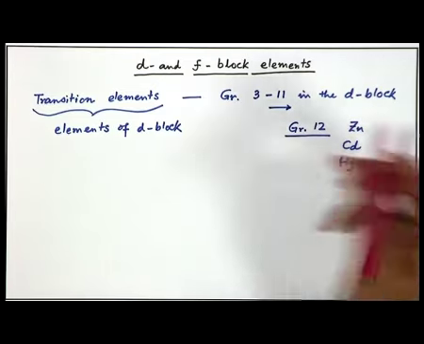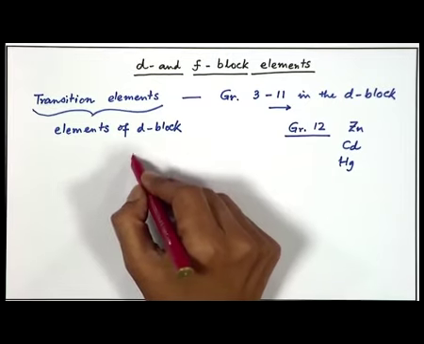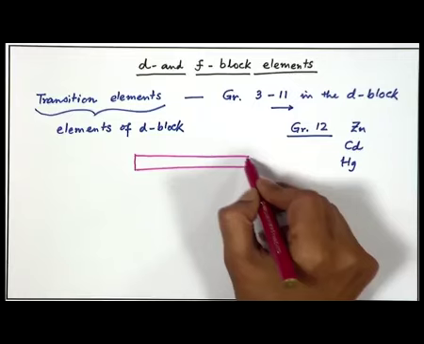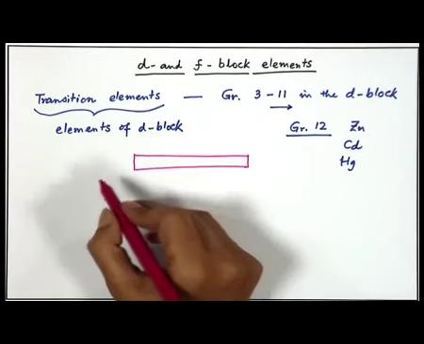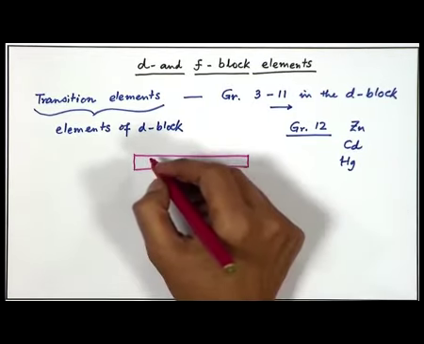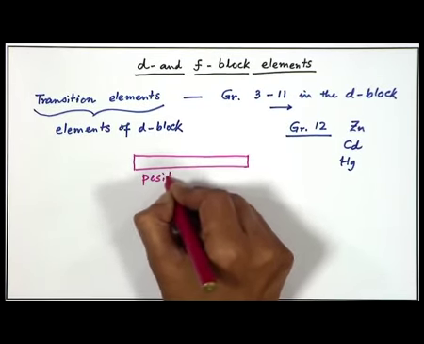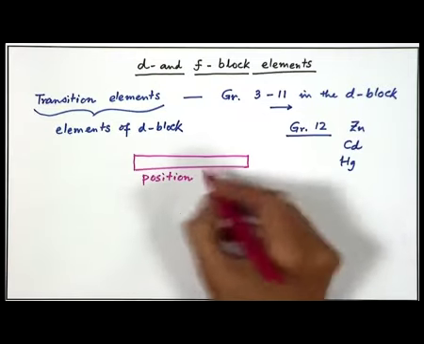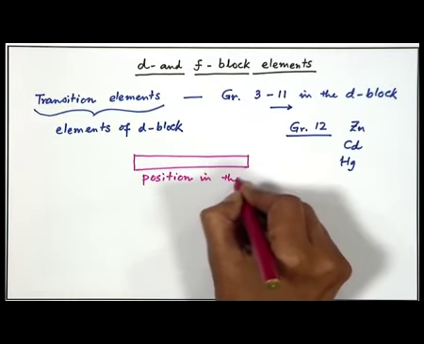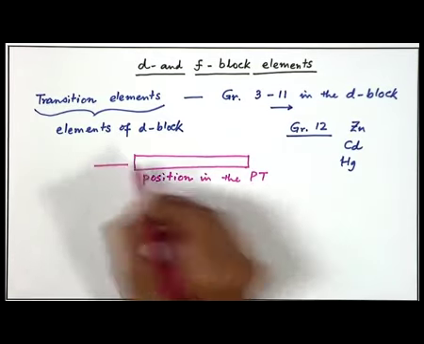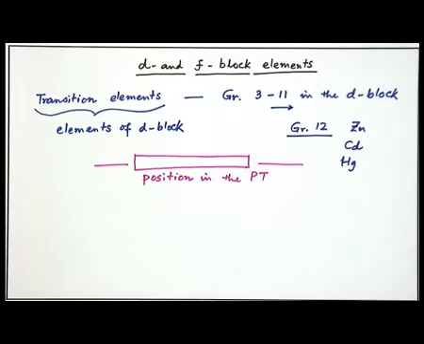What about the definition of transition? What is the transition? Because of their position. In the periodic table they are present in between S block and P block elements. So, their position in the periodic table is important. Here we have the S block elements and on the right hand side we have the P block elements.